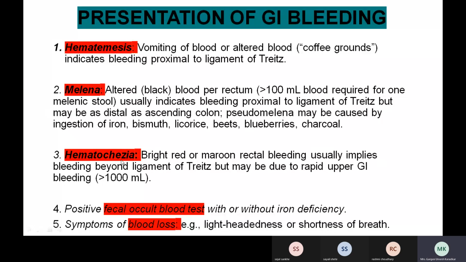Then hematochezia. Here there is bright red or maroon rectal bleeding, which usually implies bleeding beyond the ligament of Treitz, but may be due to rapid upper GI bleeding, if the bleeding is more than 1000 ml.